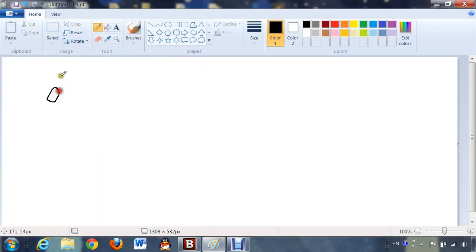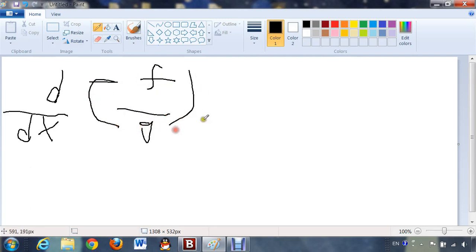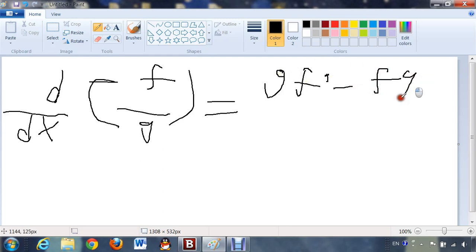And there also comes a quotient rule, which is f over g. It's similar to the product rule, but instead of a plus sign, you have a minus sign here, and you also have the whole thing over g squared.